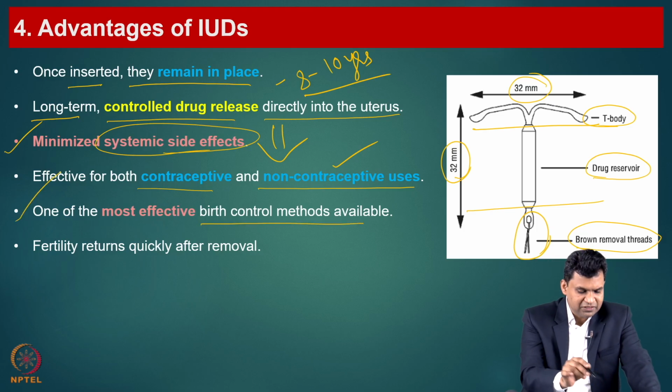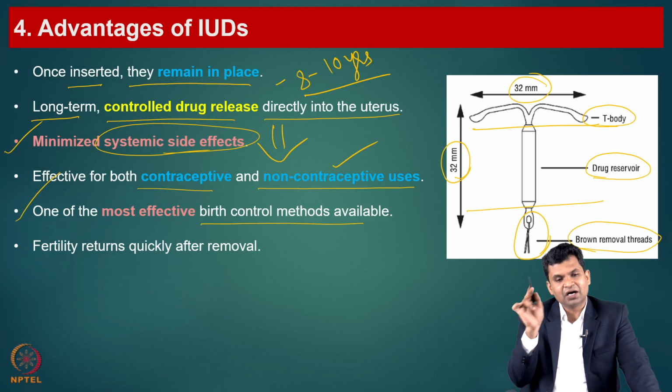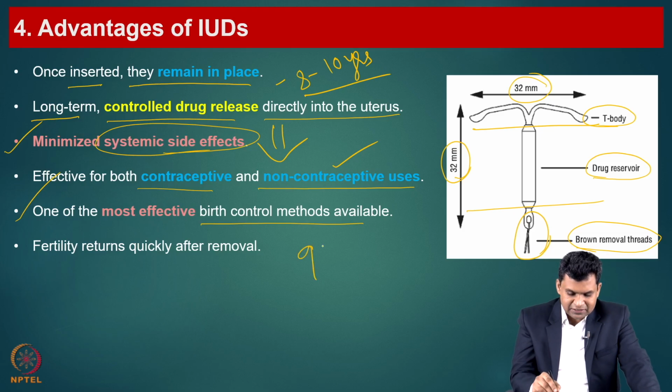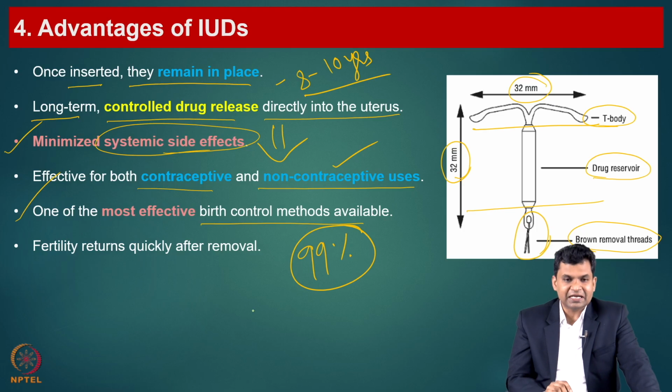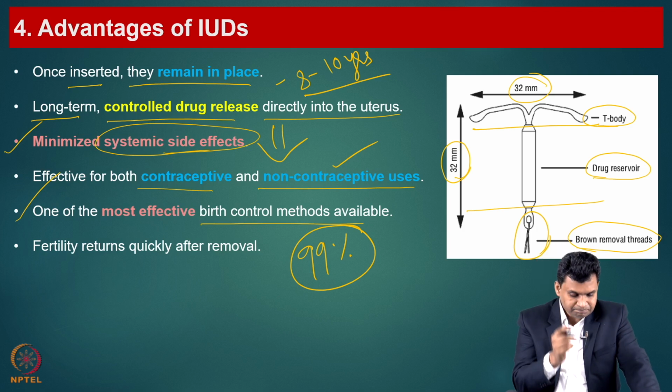When you compare with all types of contraceptive medications or birth control treatments, this is the cheapest as well as most effective, and the percentage of efficacy is greater than 99. That is why most people prefer it, and a lot of innovations are happening on this platform.